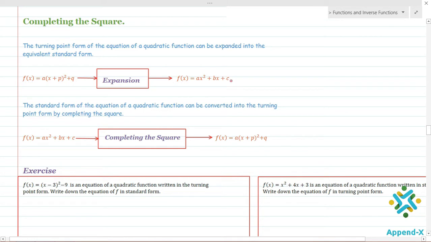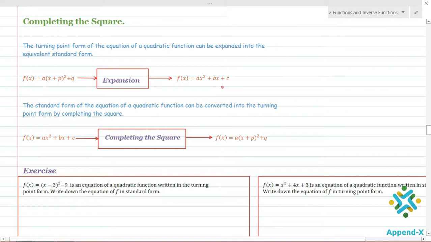We have covered all there is to know about the two forms of the equation of a quadratic function. Now we will show that these two forms are equivalent and how you can convert from one form to another. If you start with the turning point form, you can expand the equation to get the standard form.